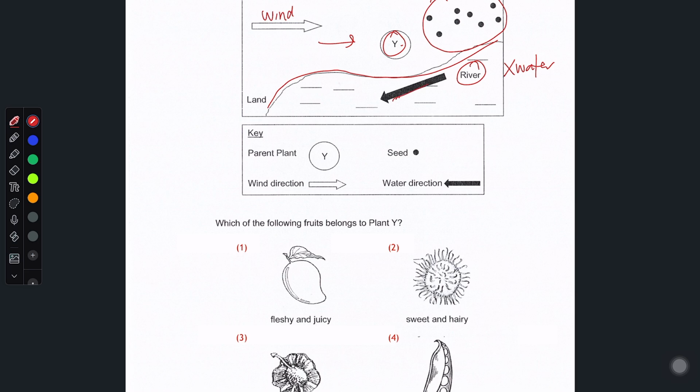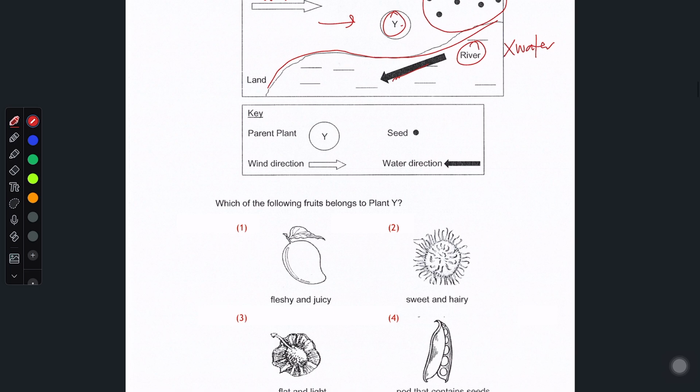Which of the following fruit belong to plant Y? Flesh and juicy, this one is animal. Sweet and hairy, this one seems to be animal as well. Flat and light wing, splitting. So over here you have 2 animal, wind and splitting.